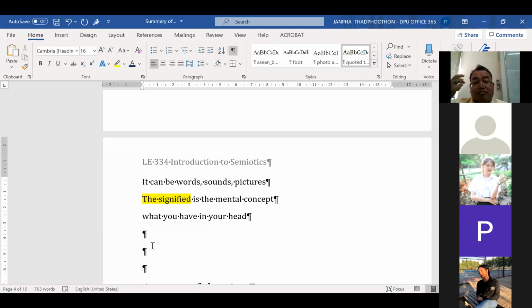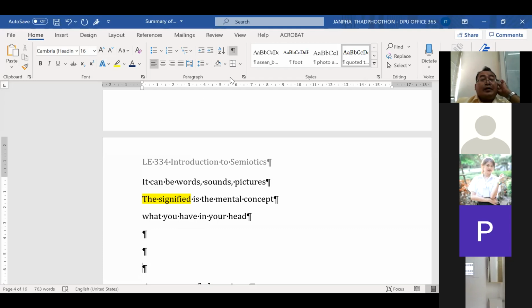Your mental construction of it, what's going on in your head, is the signified. Good morning, B, by the way, welcome. This is very basic, very fundamental, but believe me, it is very important and profound.